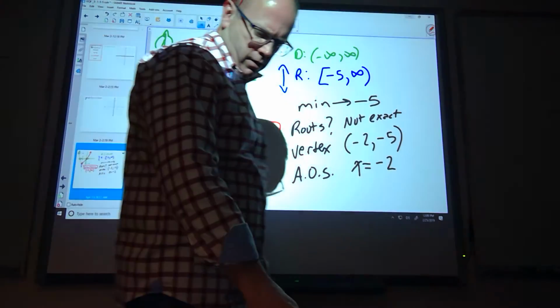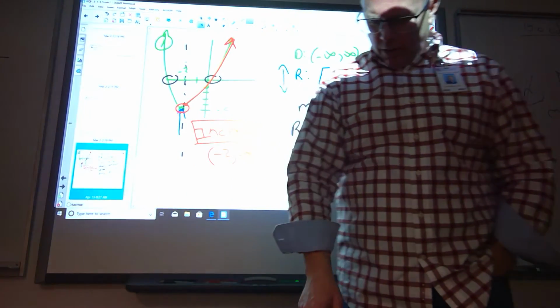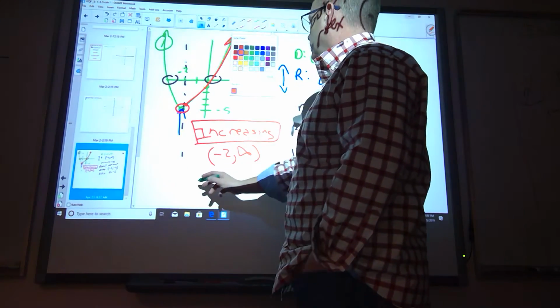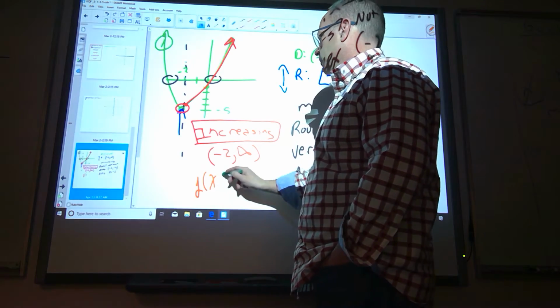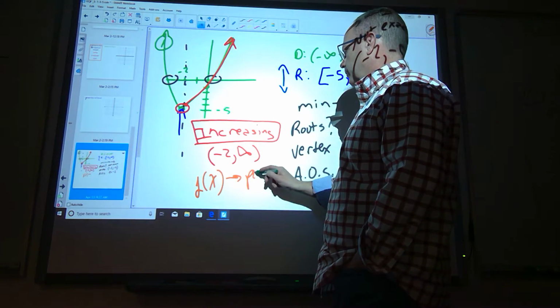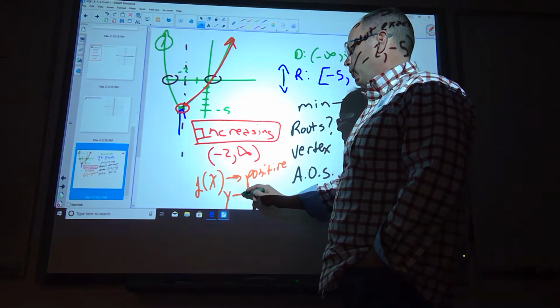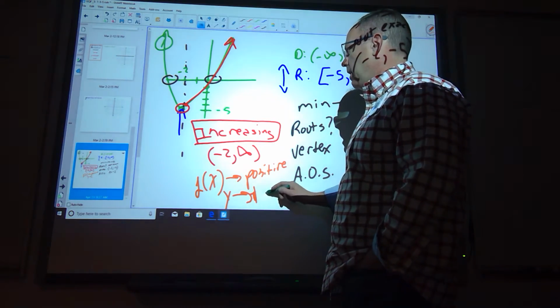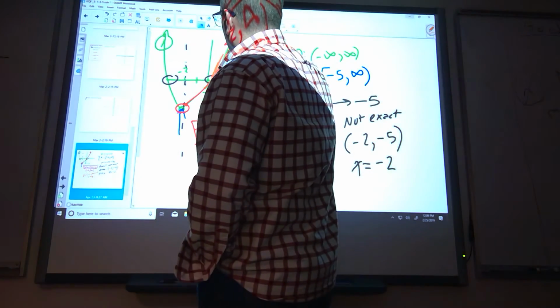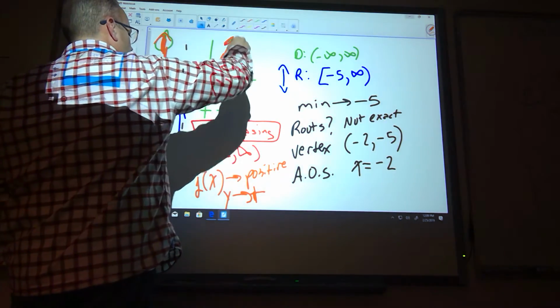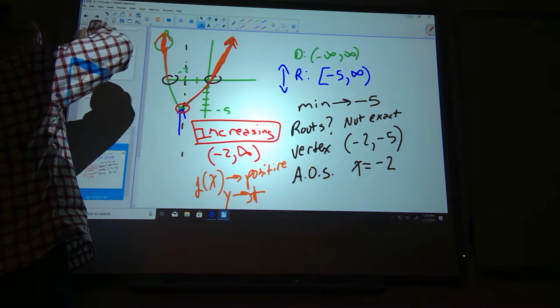And then interval where f at x is positive. Okay, so we want to know where f at x is positive. Well, we have to realize that f at x is another name for y. So where is y positive? It's positive here, and it's positive here. So this is coming from negative infinity.